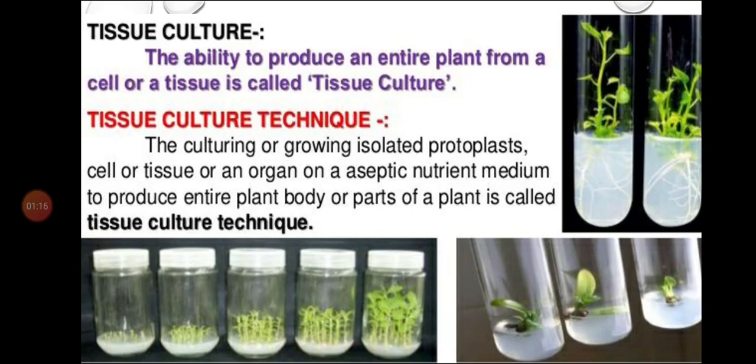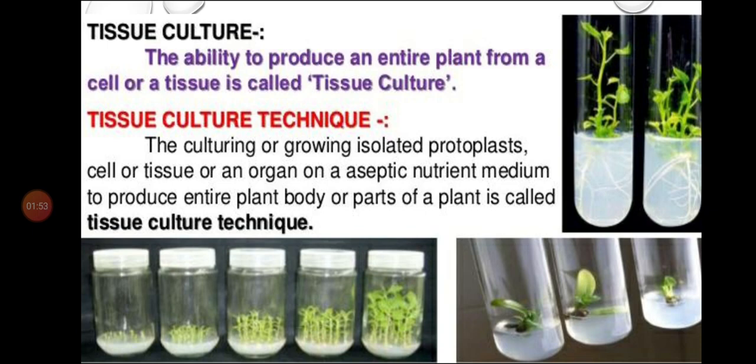That means we can produce an entire plant from a single cell or tissue, and this is called tissue culture. This technique is the culturing or growing of isolated protoplast cells, tissue or an organ on an aseptic nutrient medium to produce an entire plant body or parts of a plant.